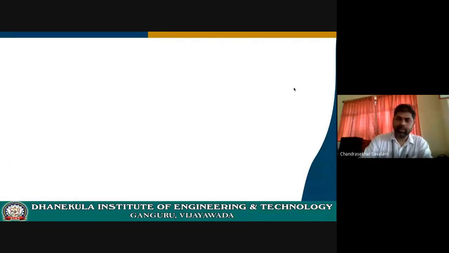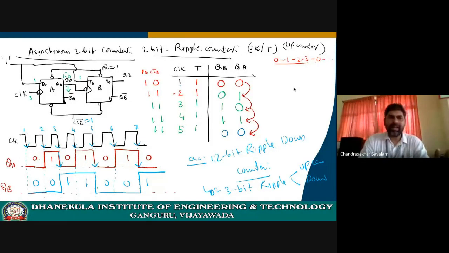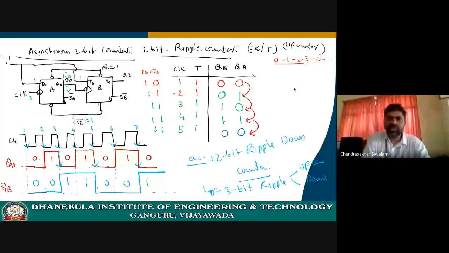Okay. We have studied about the asynchronous counters last class. So I explained the 2-bit counter, with states 0 to 3. Once you complete 0, 1, 2, 3, that comes under one cycle. After completion of one cycle, in the case of an up counter, it goes back to the initial state, which is 0.